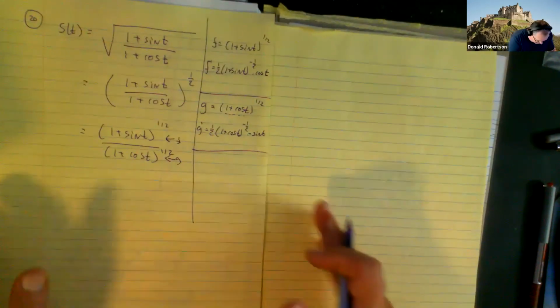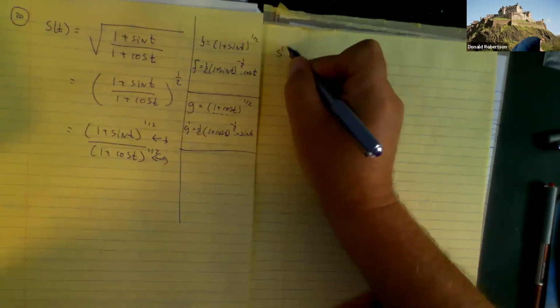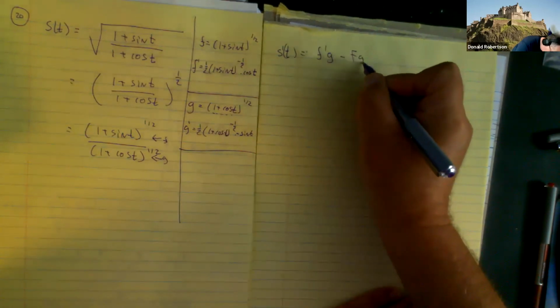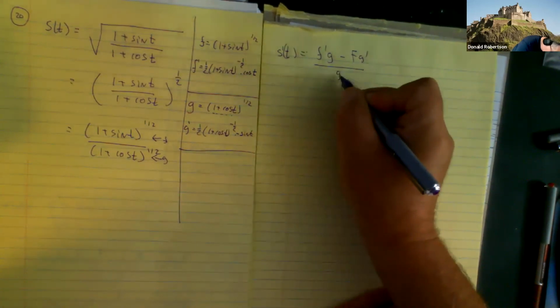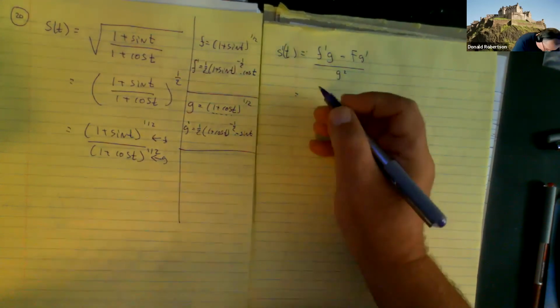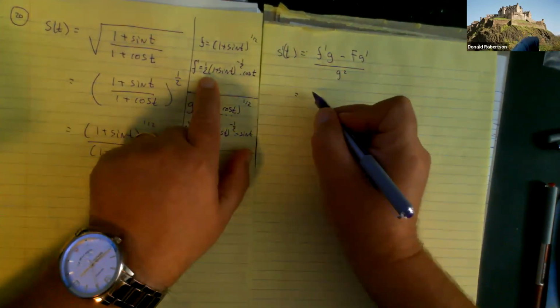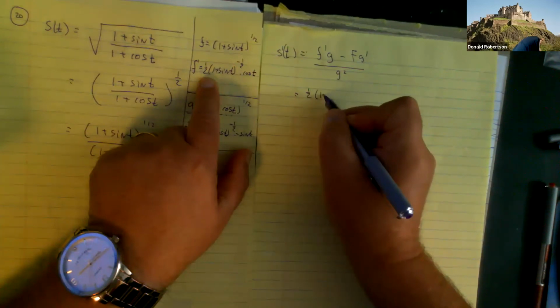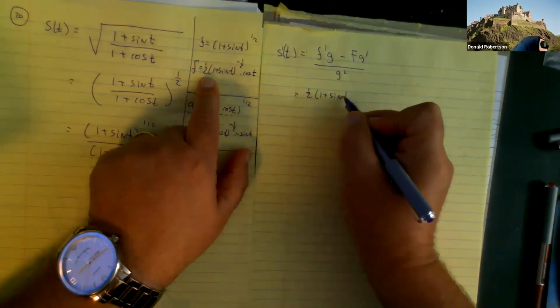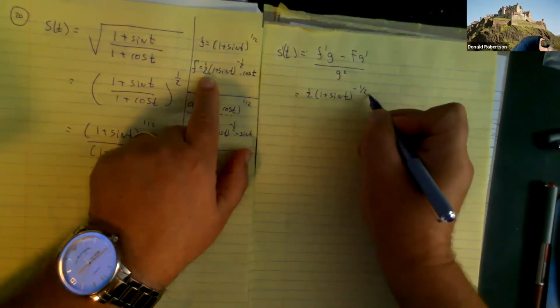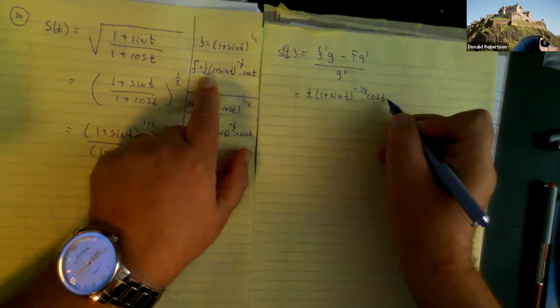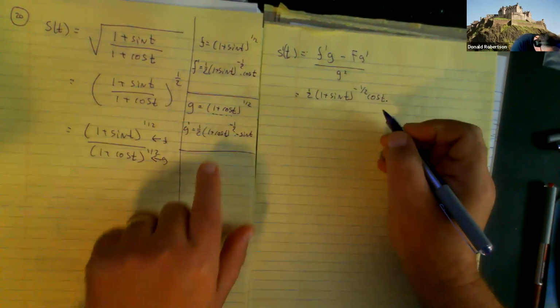Then move on to here. Since we're doing the quotient rule, it's going to be f dashed g take away f of g dashed over g squared. The derivative of f is this ugly expression times g, which is this.